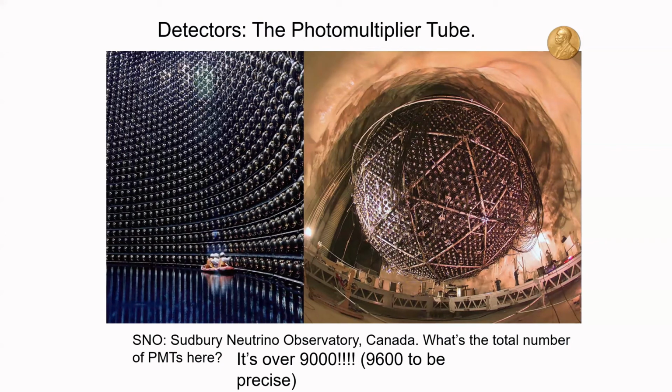And in this case, you've ended up with over 9,000 photomultiplier tubes in the one instrument. And of course, then you can imagine just how much power and how much back processing electronics is needed. So these sorts of detectors are seriously big science.